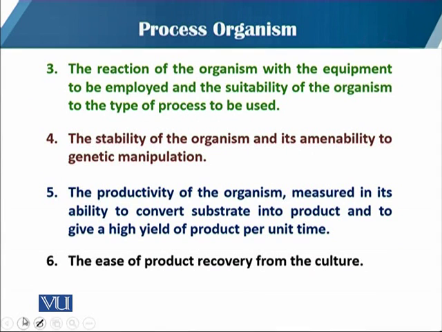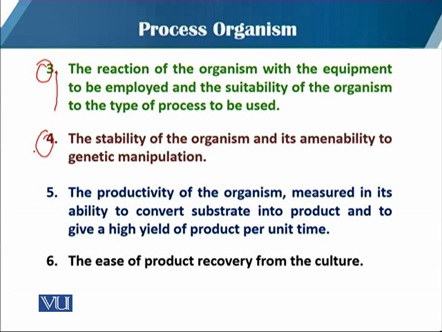The third criterion is the reaction of the organism with the equipment to be employed and the suitability of the organism to the type of process to be used, because the process organism and the fermentation process we are using should be compatible. The fourth criterion is the stability of the organism and its amenability to genetic manipulation.